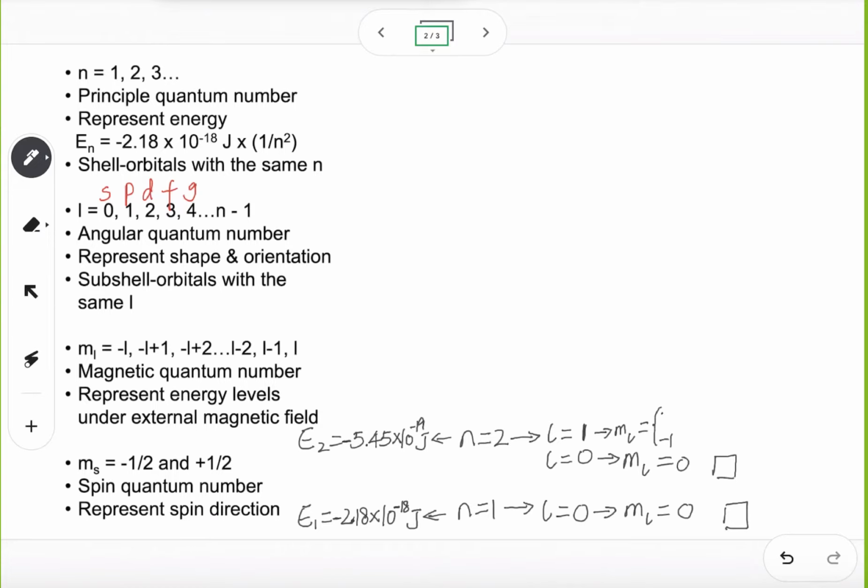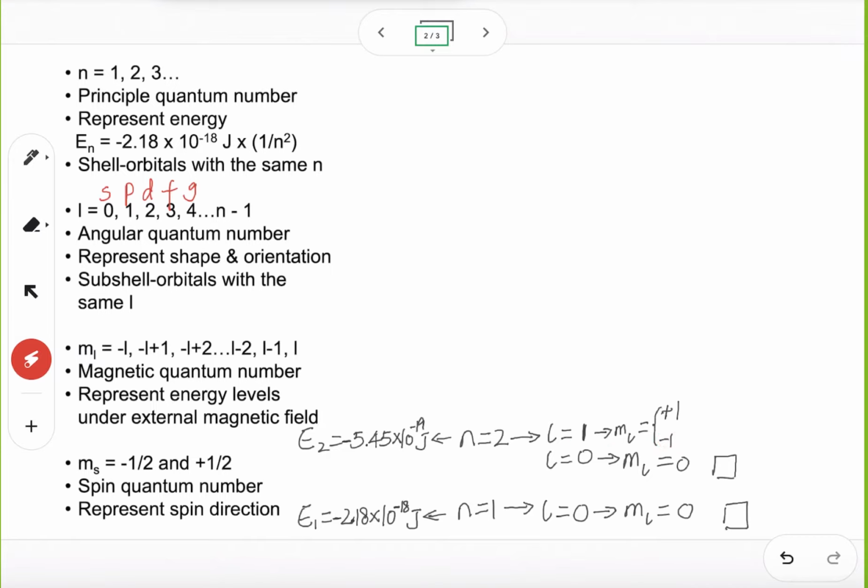Now let's find out the maximum value for ML. That is positive L. When L equals 1, positive 1 would be the maximum value for ML. Now we have defined the upper limit and lower limit for ML when L equals 1.